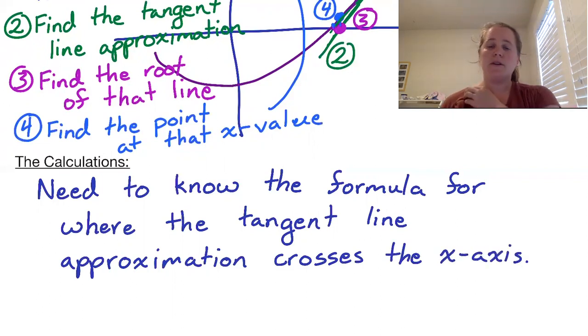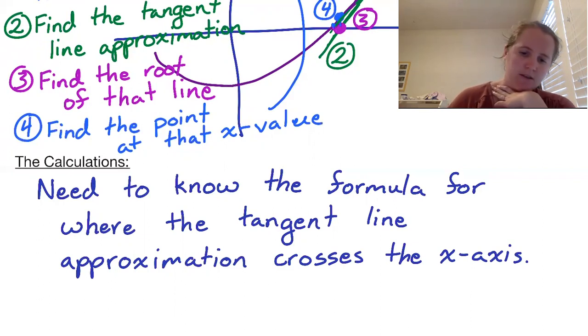Since we are going to have a series of points on our graph, I'm going to label these points x sub n, where n is just the counting numbers.